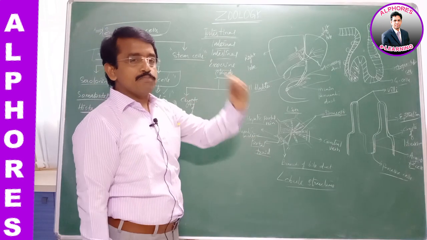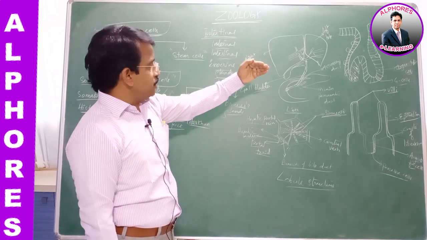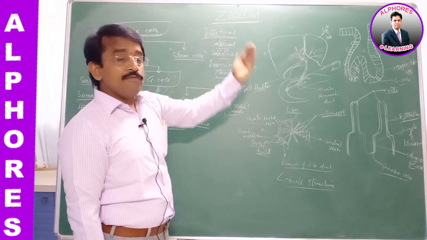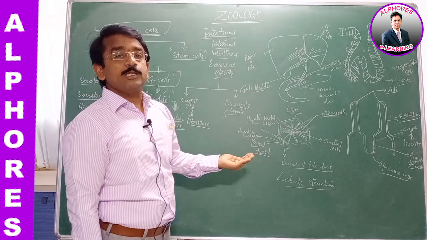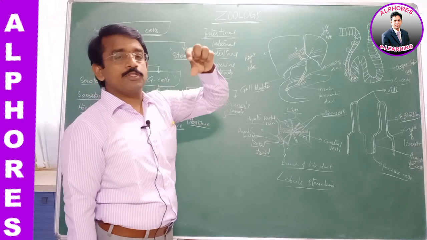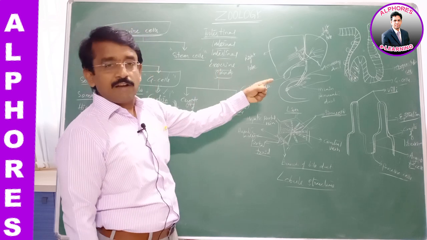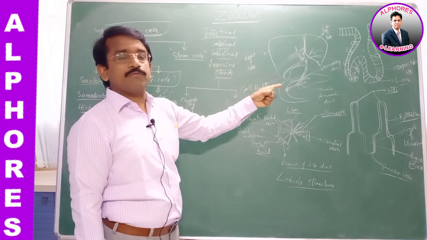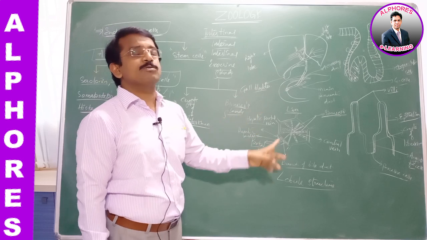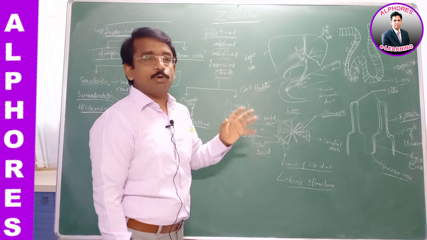We have observed that in the case of the buccal cavity, the salivary juice secreted is slightly acidic, with a pH of 6.8. Next we have seen in the stomach, highly acidic, and next in the intestine it is alkaline.